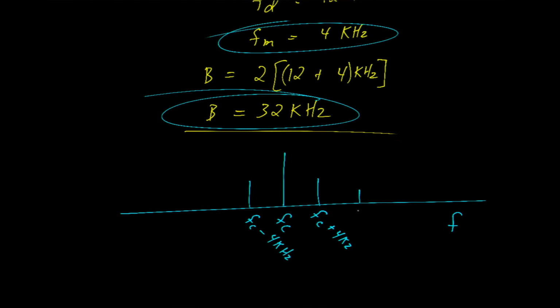From there, it would be frequency of the carrier plus 8 kilohertz. Then it would be plus 12, and finally plus 16, giving a total bandwidth of 32 kilohertz.